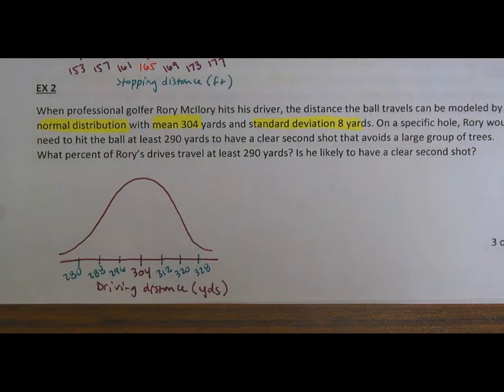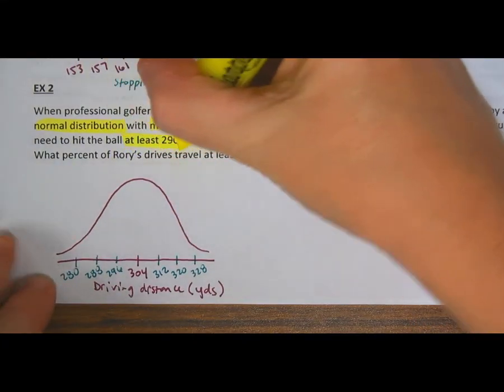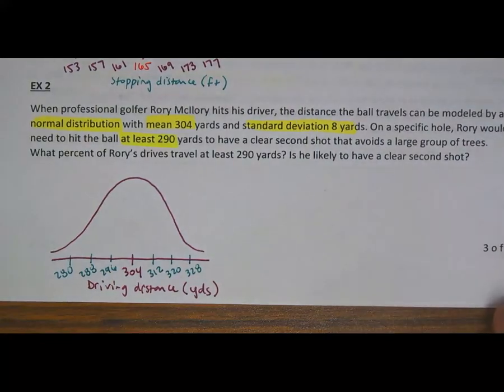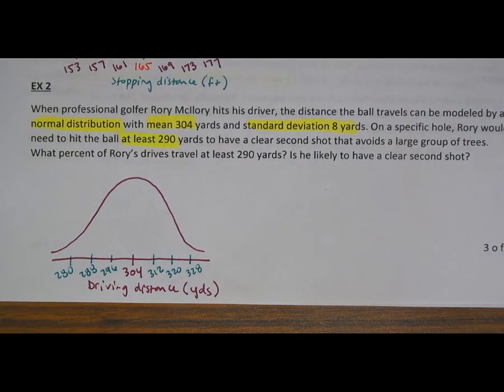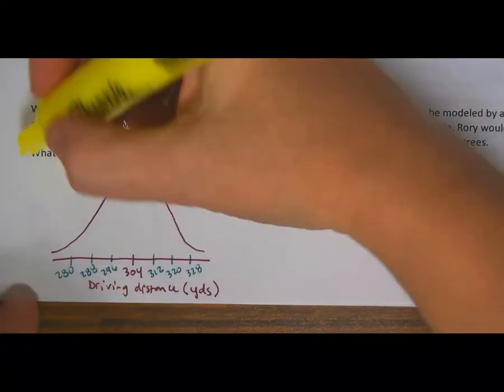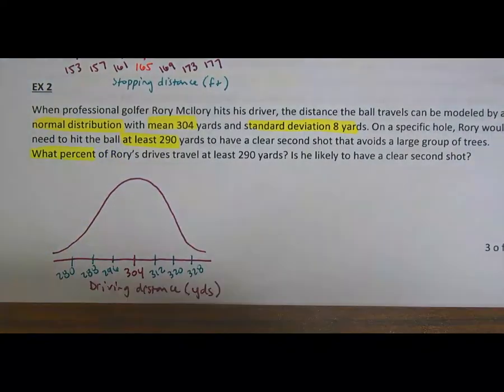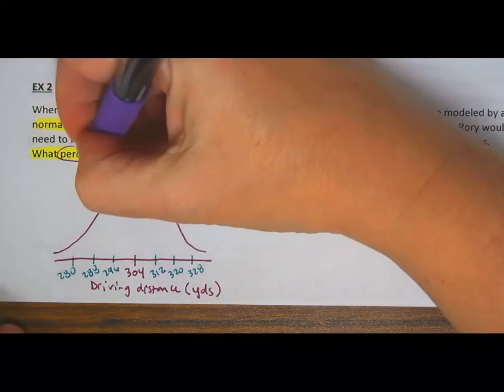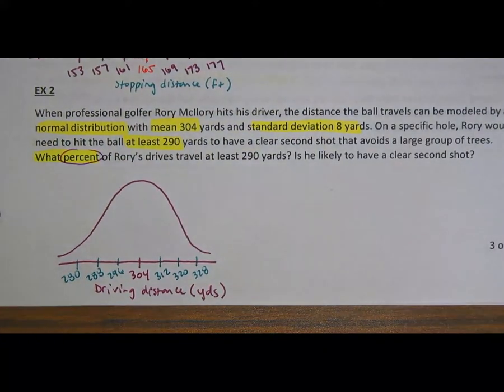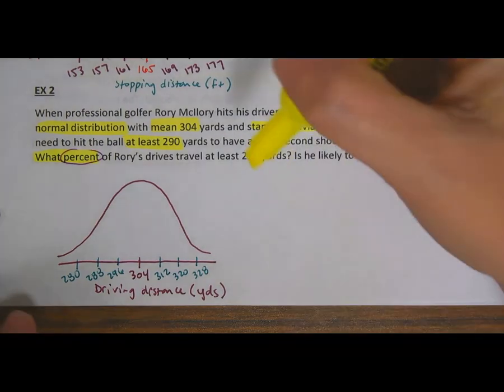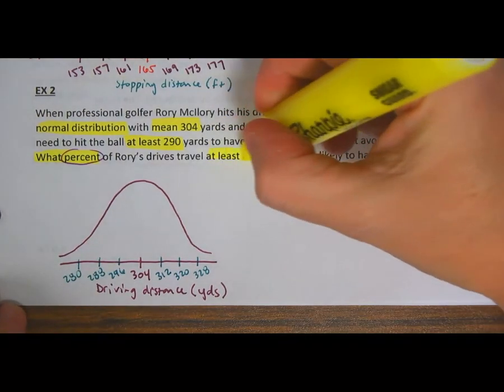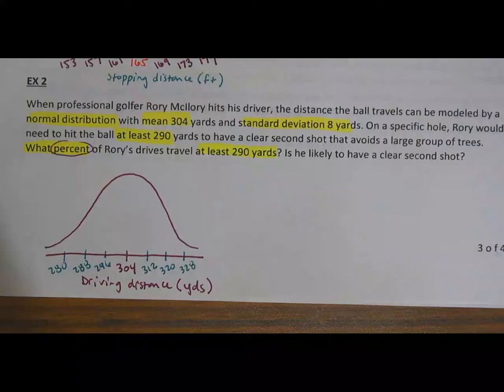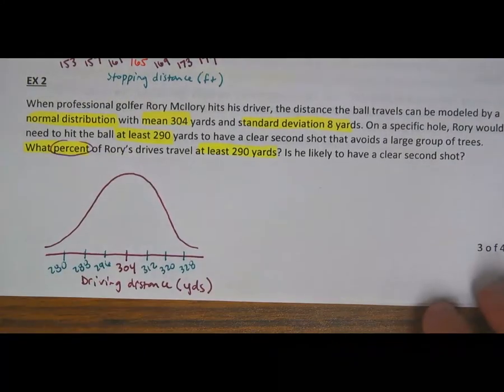On a specific hole, Rory would need to hit the ball at least 290 yards to have a clear second shot that avoids some trees. What percent of drives will travel at least that 290 yards, and is he likely to do that?